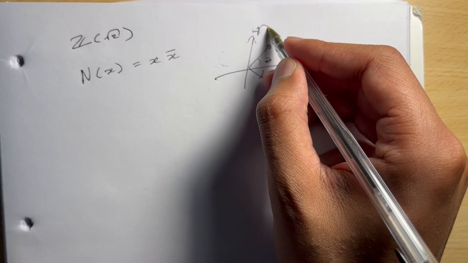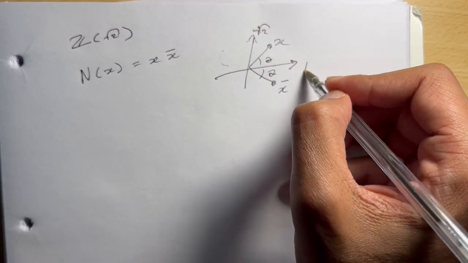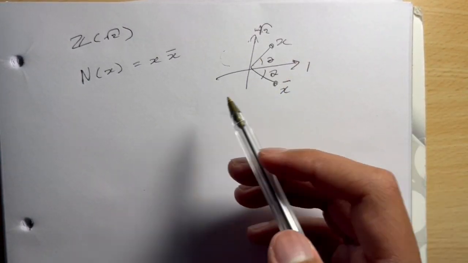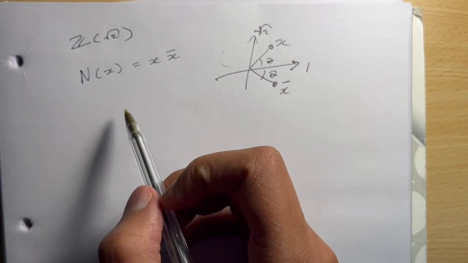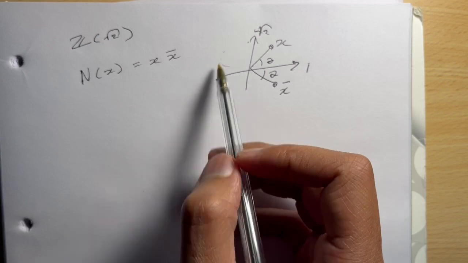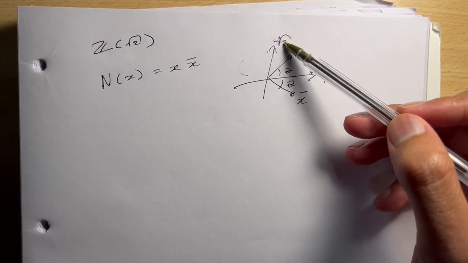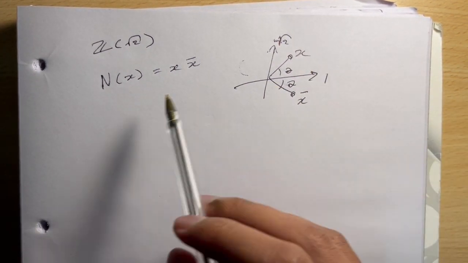So this is square root of 2, 1, something. Maybe I did it the other way around by accident the other time, but it doesn't actually matter, I don't think. Actually, wait, it does matter. So wait, let me just double check. I know I did it correctly. It doesn't matter.